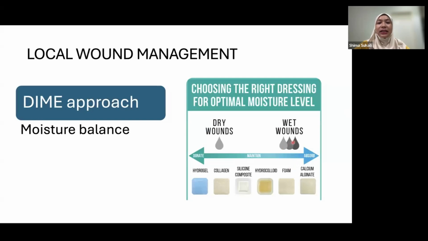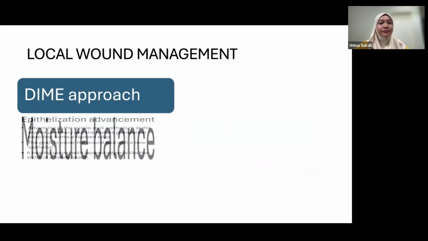If the wound is too wet, then we need a modern dressing that can absorb the exudate. If the wound is too dry, then we have to provide a dressing that can donate water, or moisture, to the wound.